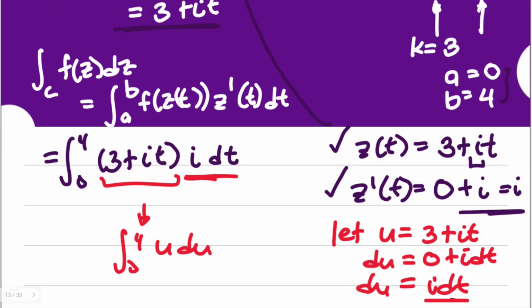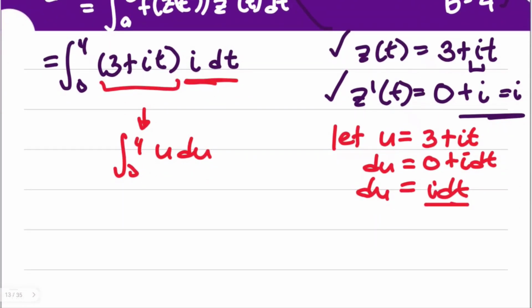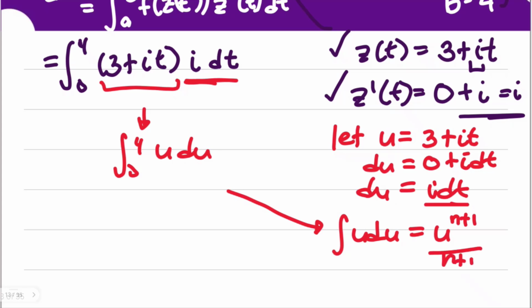Okay? So what is the use of that? If we're going to have u du, then the integral of u du is just equivalent to u to the power of n plus 1 over n plus 1, right? So our n is actually identified here as 1, okay?